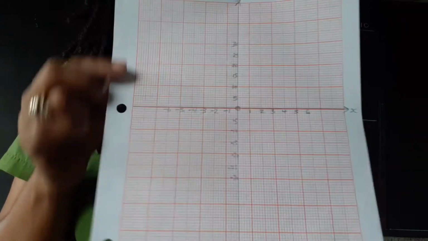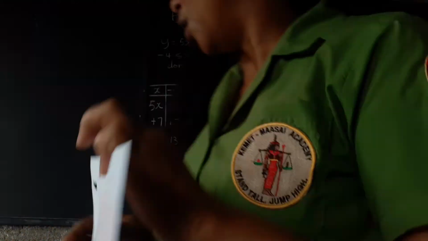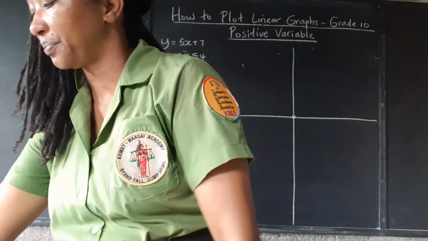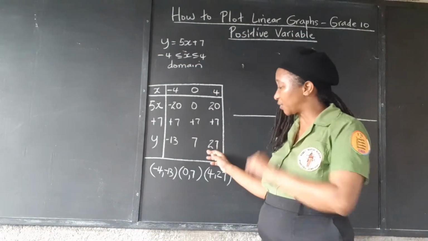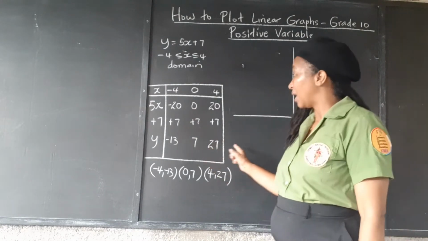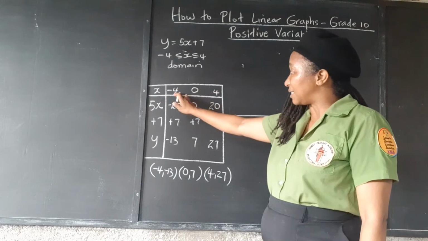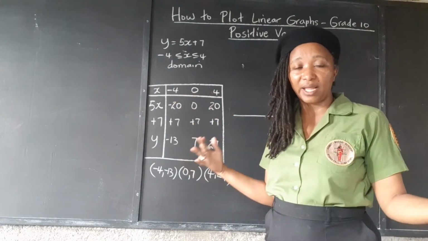The scale I've decided to use on this particular graph, I've gone up by 5 on the y-axis. Now on this graph here, we might have to go by 5 on the y-axis also because our biggest y value is 27. On the x-axis, we're only going up to 4, so we can spread out our scale on the x-axis.